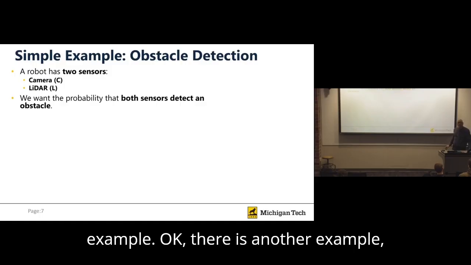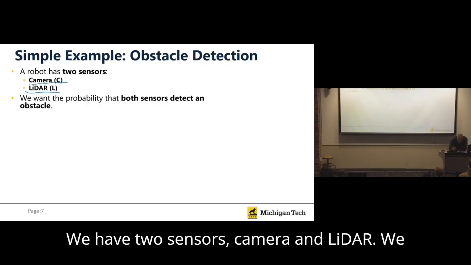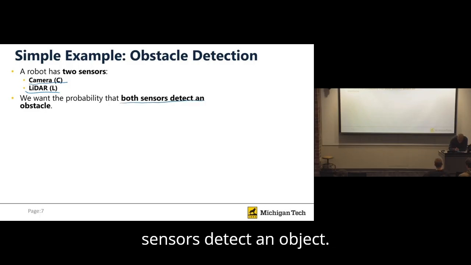Let's do one example. Again, camera and LiDAR. We have two sensors, camera and LiDAR. We want the probability that both sensors detect an object.